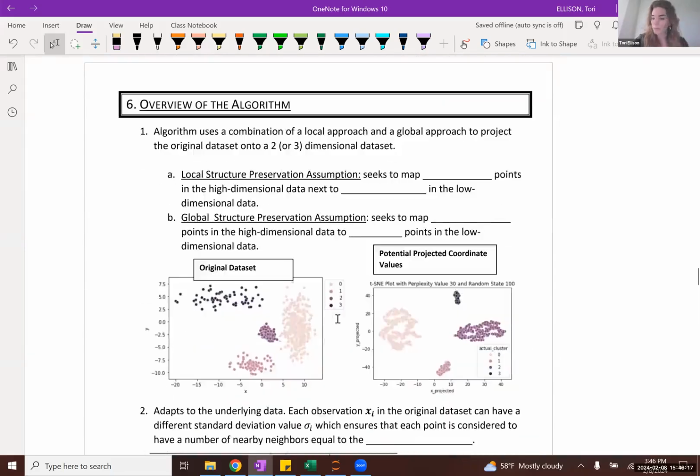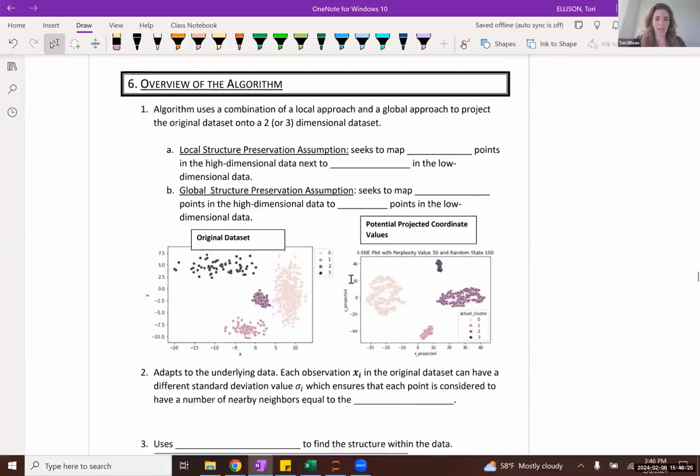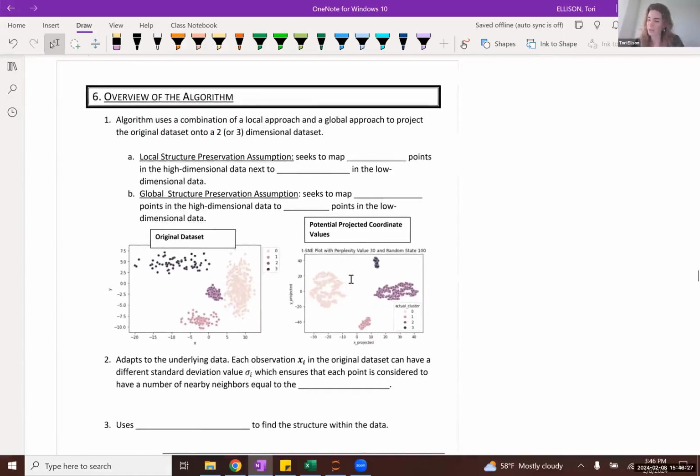But before we get into the interpretation element of the algorithm, I wanted to give a quick overview again as to what this algorithm actually does. The cool thing about the TSNE algorithm is that, based on the perplexity value that you're choosing, it has this data structure assumption where it seeks to map nearby points in the high dimensional data set to nearby points in the low dimensional data set.